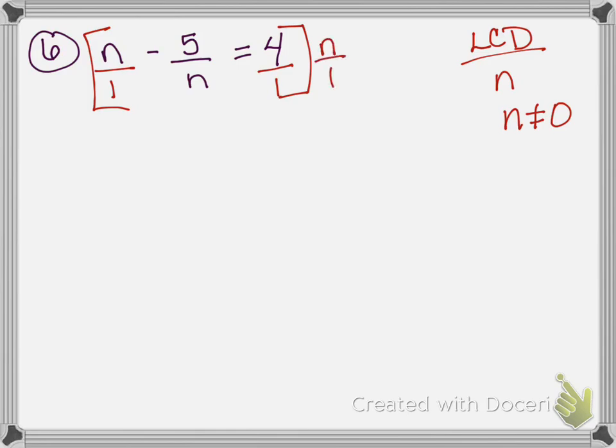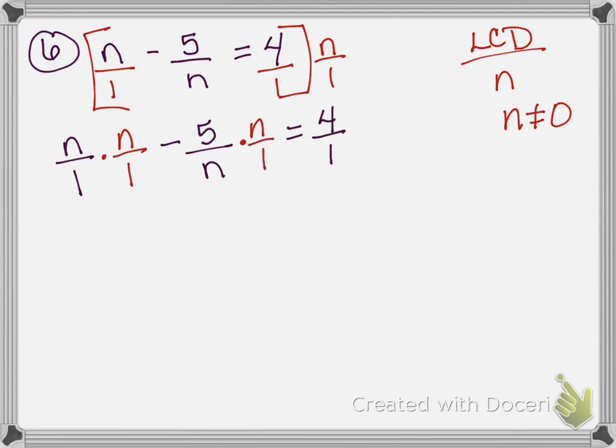And I think what happens with this particular problem is that students are concerned because so many of the terms don't have a denominator. And then we end up with a quadratic, and so students start getting confused. But you are correct. The least common denominator here is just n. And so we multiply everything times n over 1. Okay?